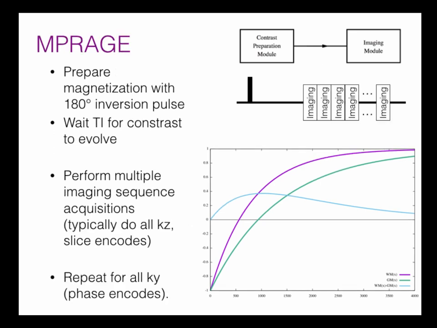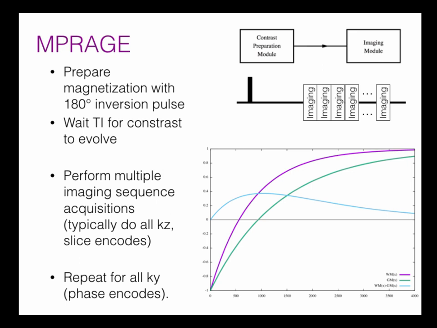In practice, we use a sequence called MP-RAGE. We have this 180-degree pulse, we wait this typical 700 millisecond time, and then we do a whole lot of little imaging sequences, where we take little nibbles out of the magnetization as we go. We acquire a whole lot of these for each inversion, typically several hundred.